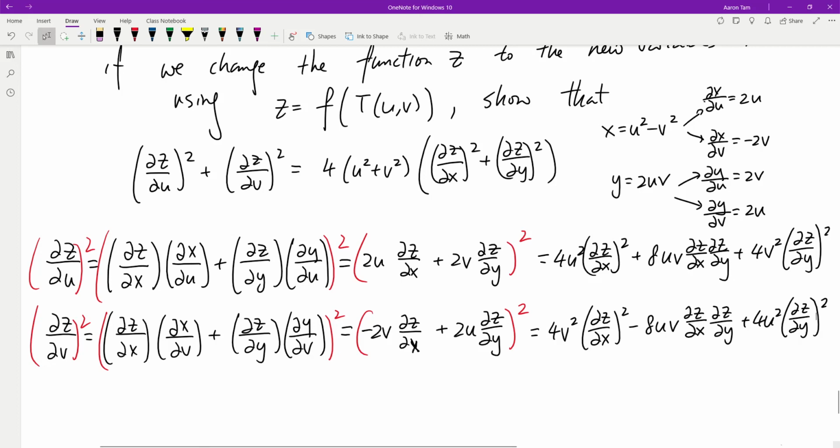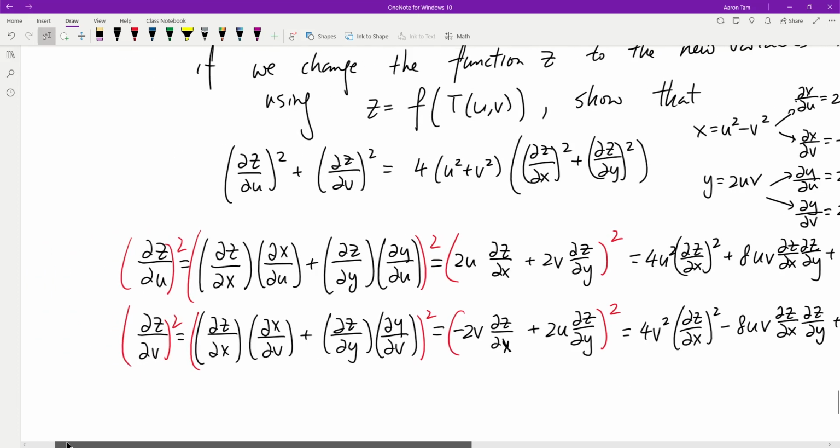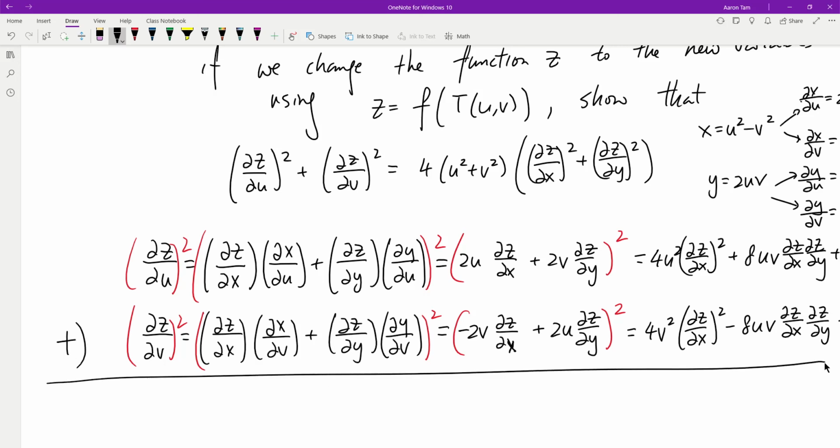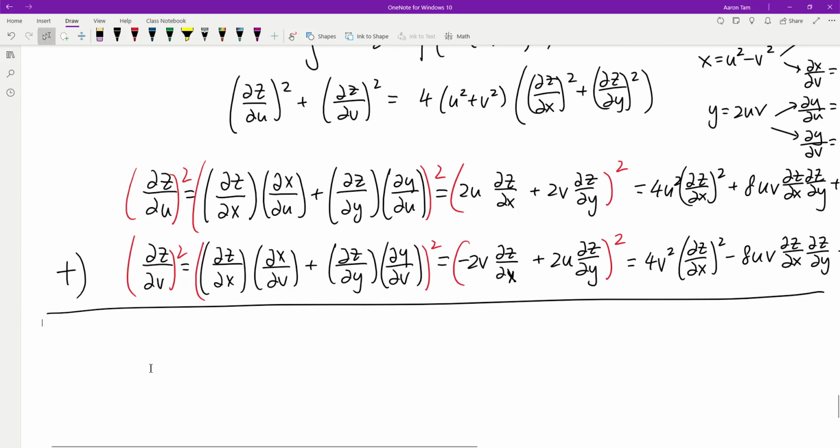Now what I'm going to do is add them together. When I add them together, what I have on this side will be dz over du squared plus dz over dv squared, equal to. Now, what happens to the right-hand side?